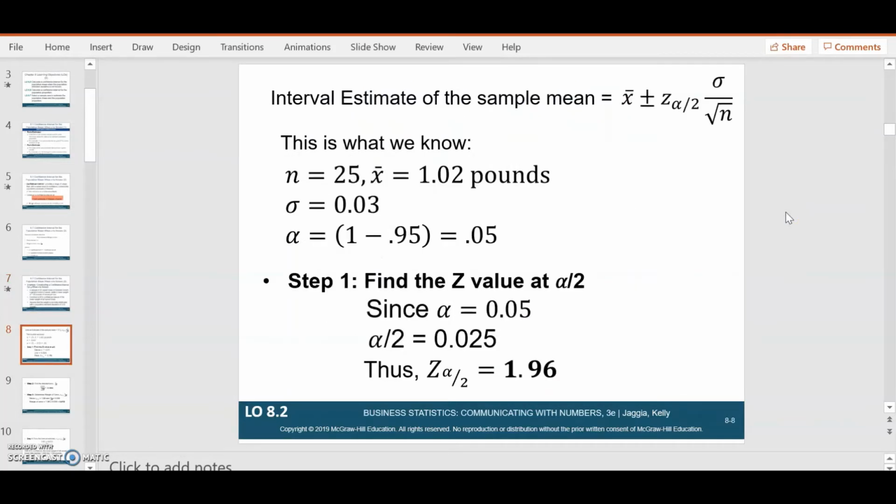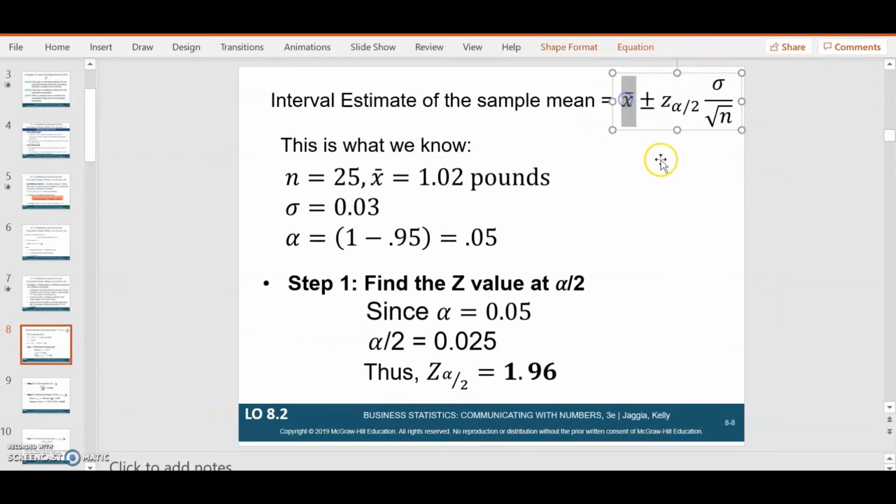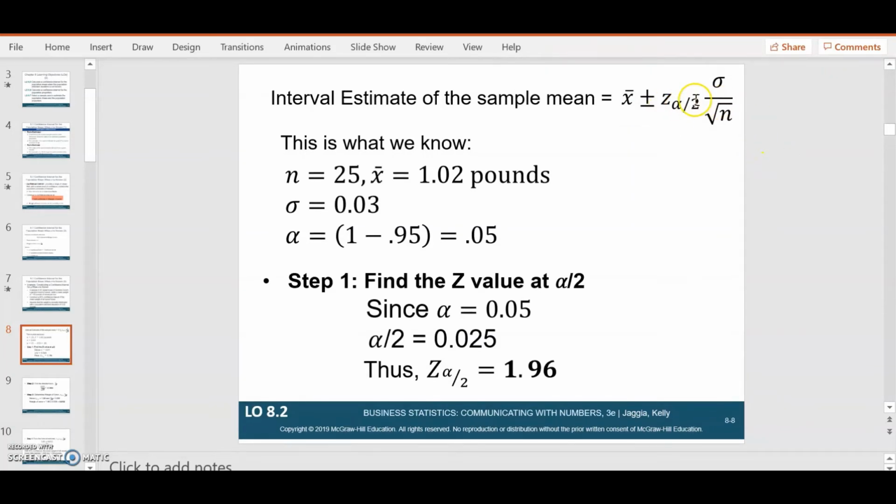So the interval estimate of the sample mean will be the point estimator, which is the sample mean, plus or minus the z-value for certain significance level that is divided by 2, times the standard deviation of the population divided by square root sample size.